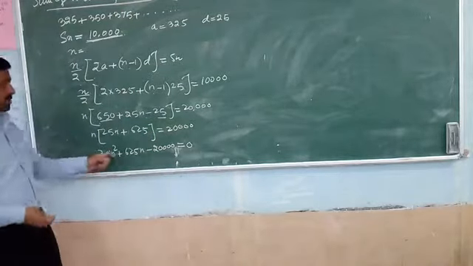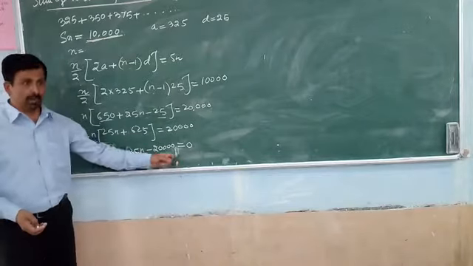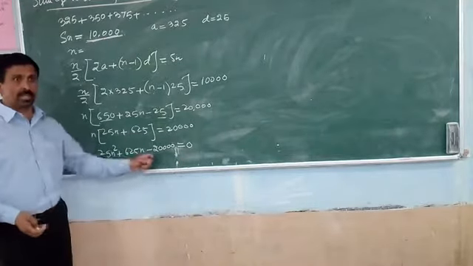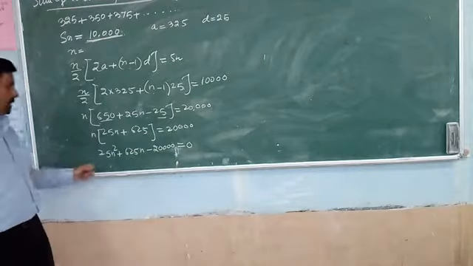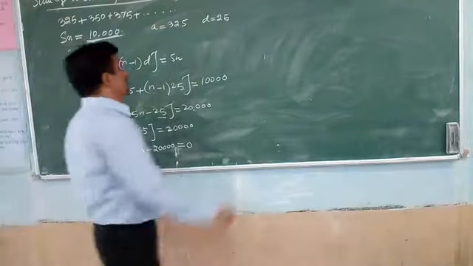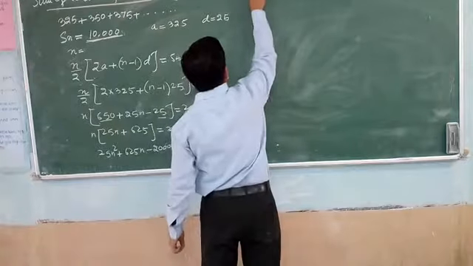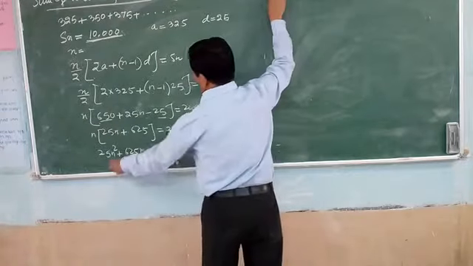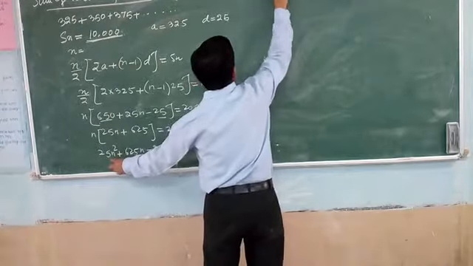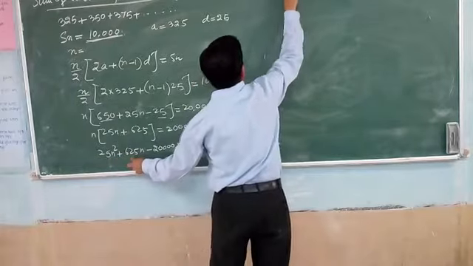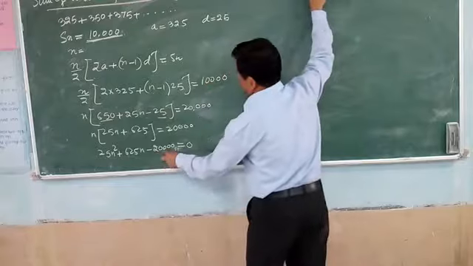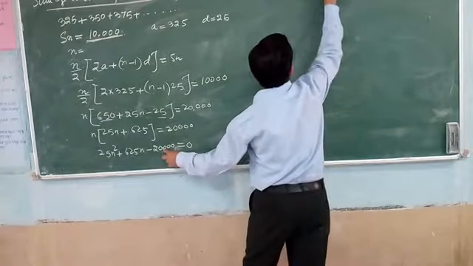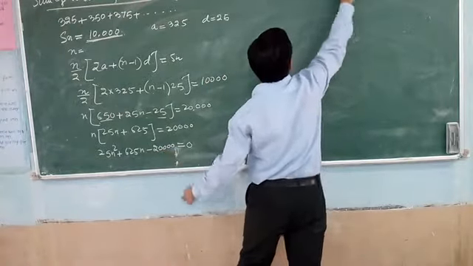Now when you look at these 3 terms, there is a common divisor for all of them, and that common divisor is 25. Is this very clear? Yes, sir. So we take 25 out of this. Then this will become n square, this will become 25n, and this will become 800. This is equal to 0.